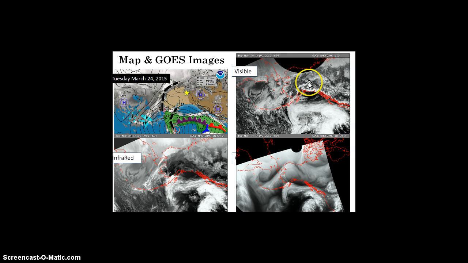And as you can see in the visible image, there's mostly clear skies. In the infrared, there's mostly clear skies, and with the visible there you can see some thin cover.